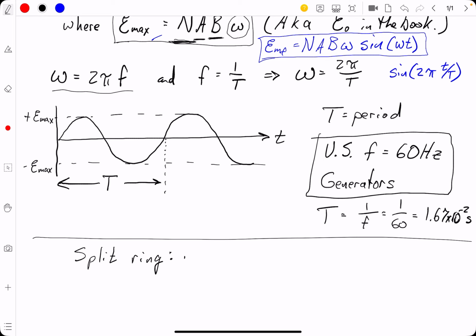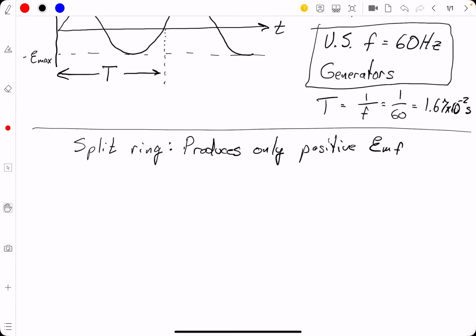So a split ring produces only positive EMF. Okay, so we can drive something with simply positive EMF if we put, and it's nice, it's just a straight up mechanical action.